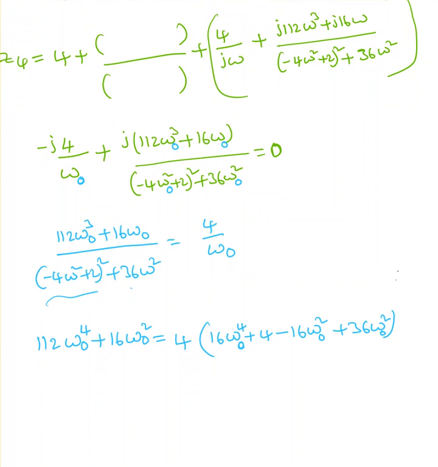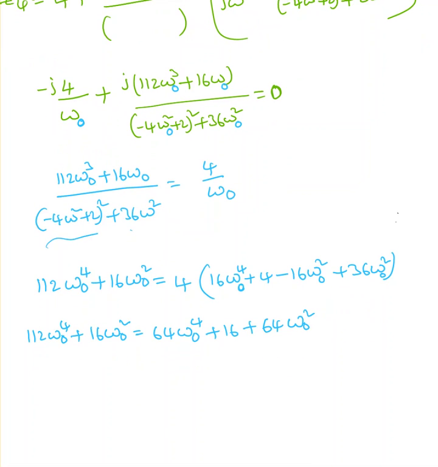Now I have 112 omega naught to the power of 4 plus 16 omega naught square equal to 64 omega naught to the power of 4 minus 16 omega naught square plus 36 omega naught square, that will be plus 16 times 4 plus 64 omega naught square.